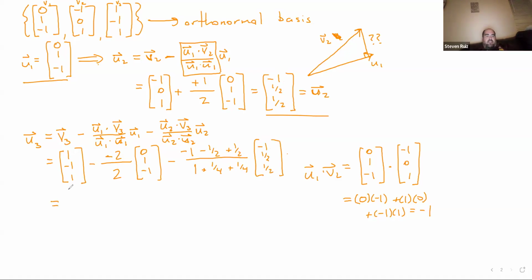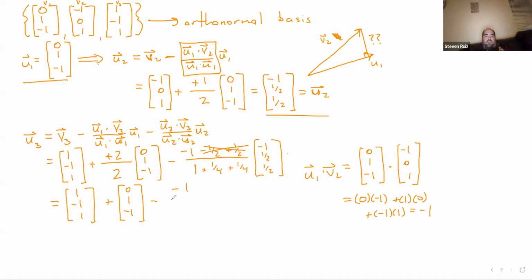So let's clean this up a little bit. So this will be 1, -1, 1. This ratio just came out to be +1. So plus 0, 1, -1, minus, what did this come out to be? These cancel.